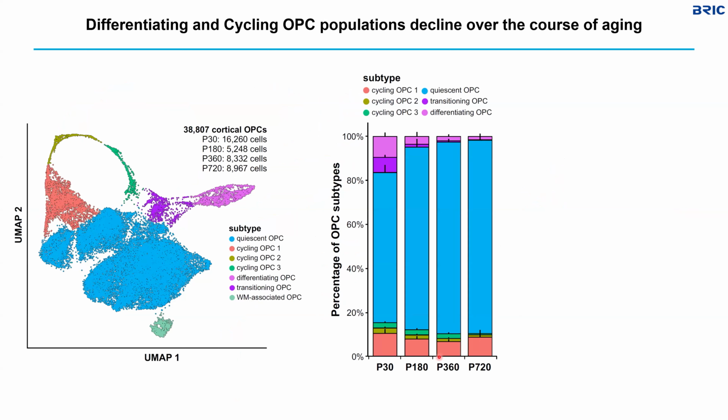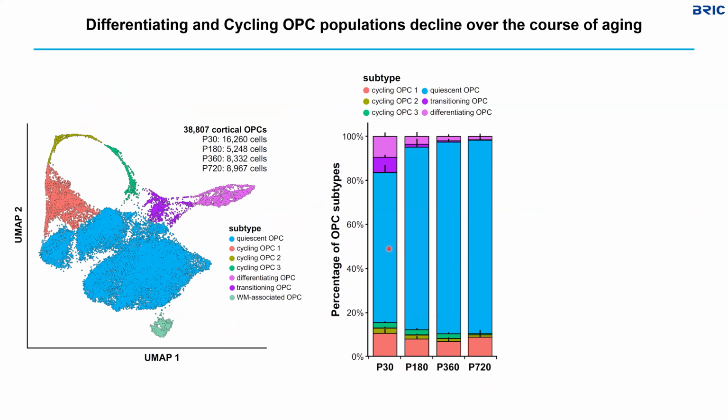Here on the left is the same graph as before, just to show you what my data looks like on the UMAP plot. In the middle, you see bar graphs of different OPC subtypes in 4 different age groups. Here you can visually see that the blue bar is increasing.